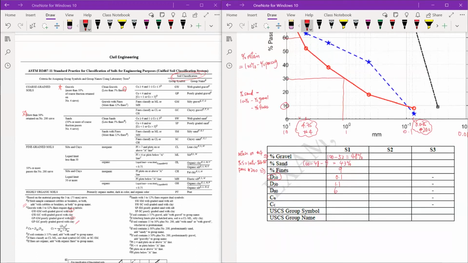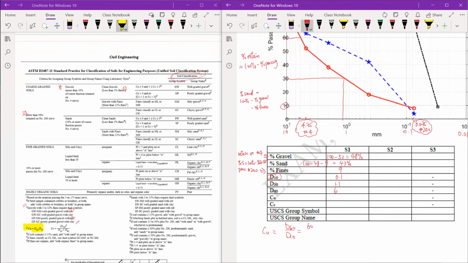After determining those 3 diameters, we can calculate C sub U. As we can see in the ASTM manual, C sub U equals D60 divided by D10.